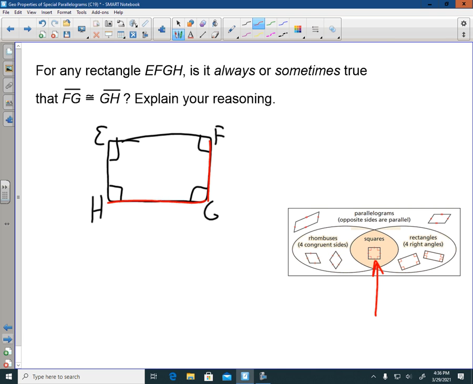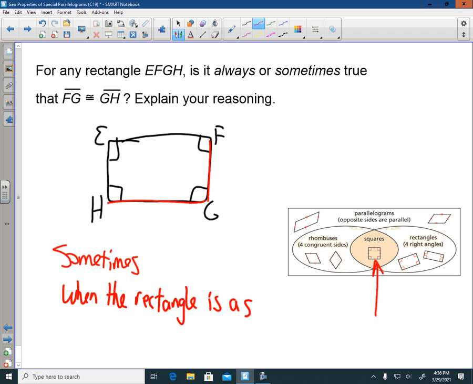And so this one is going to be sometimes, and that would be when the rectangle is a square. Because squares can be rectangles, but rectangles cannot always be squares. Am I blowing your mind? I know.